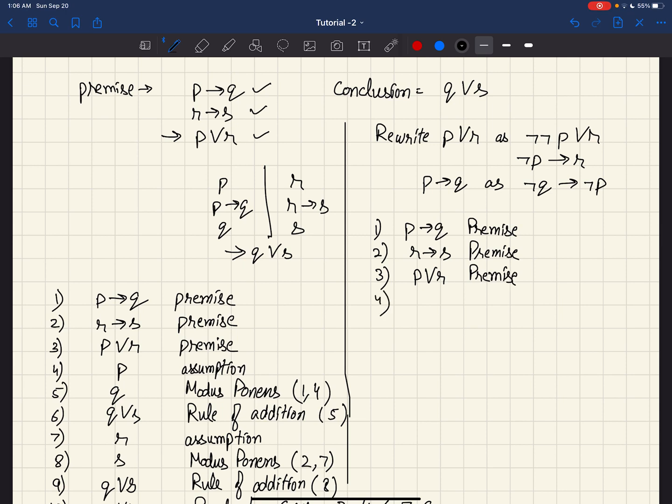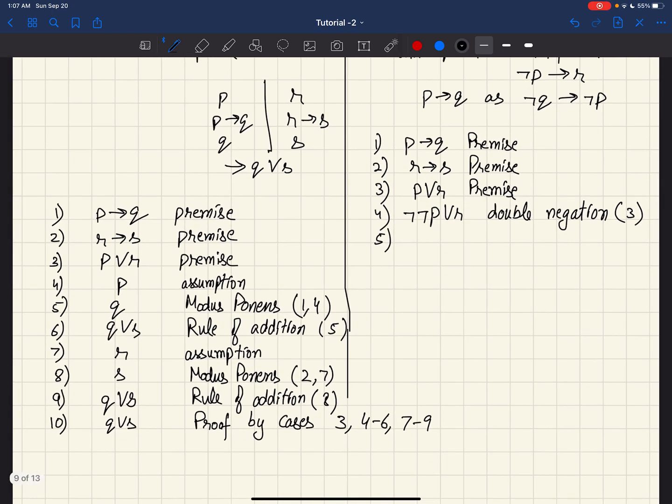Our fourth step is double negation of P, or R. The next step is not of P implies R. Here it is a conditional equivalence.